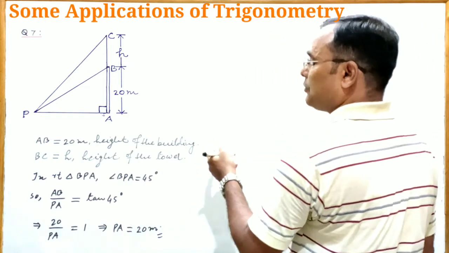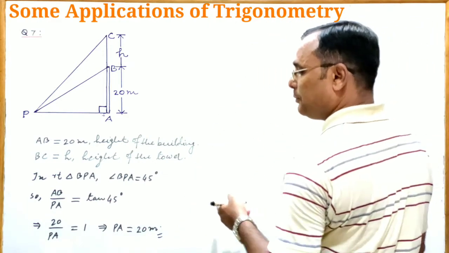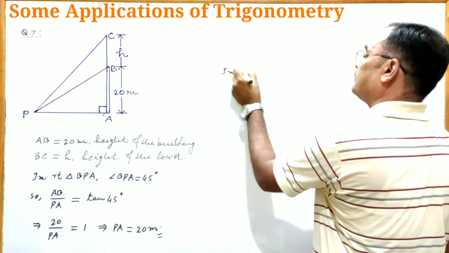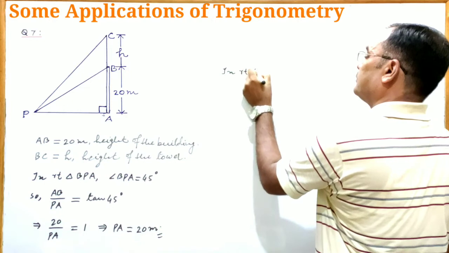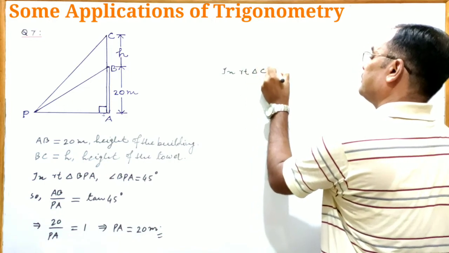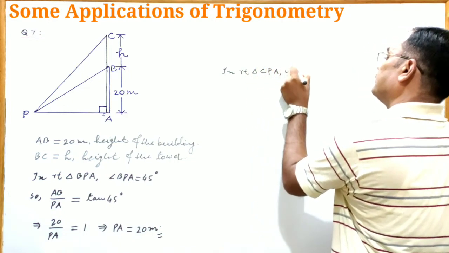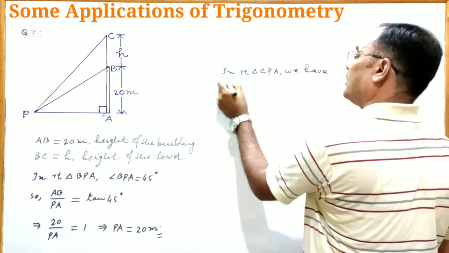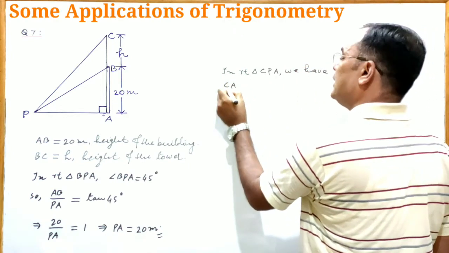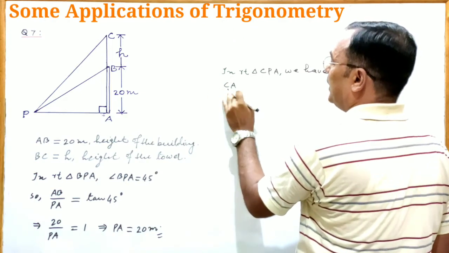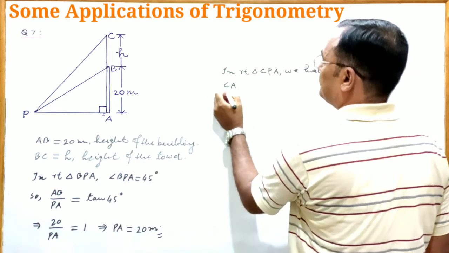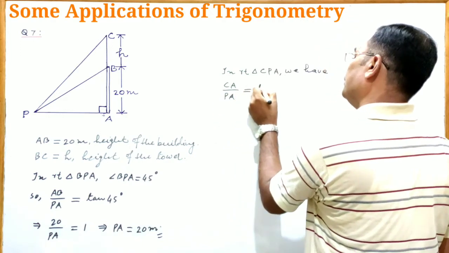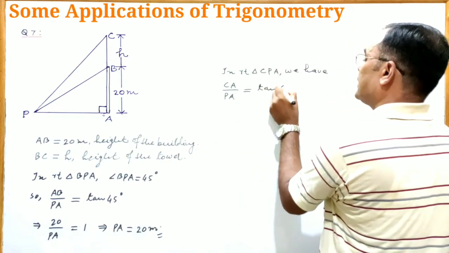Now in right triangle CPA, we have CA by PA is equal to tan 60 degrees.